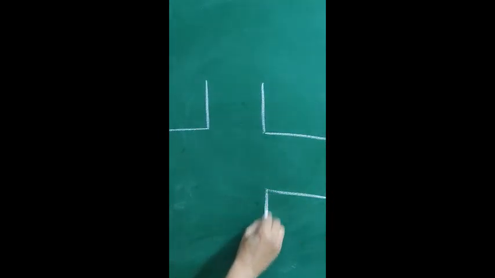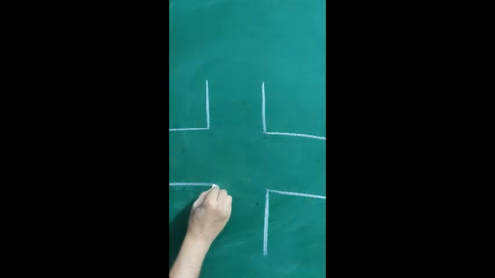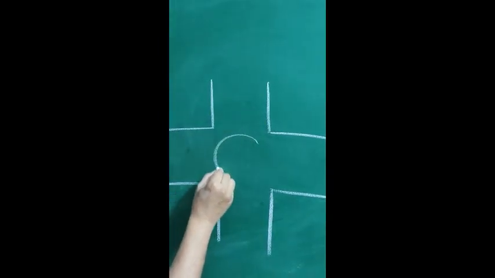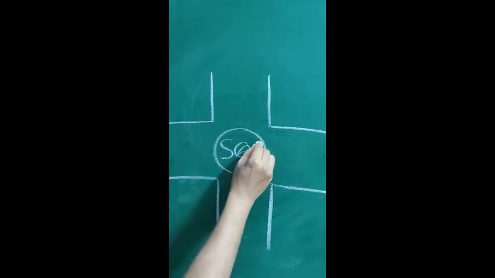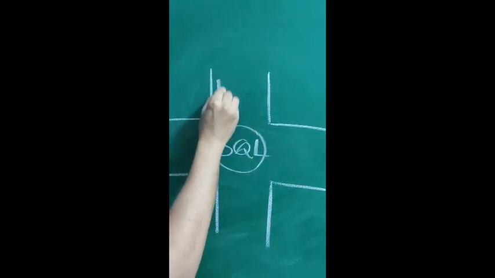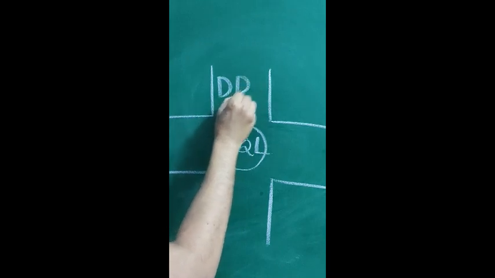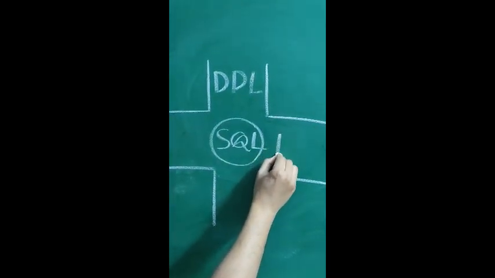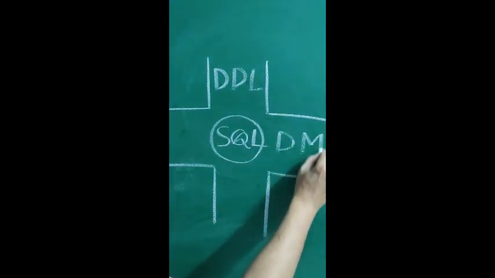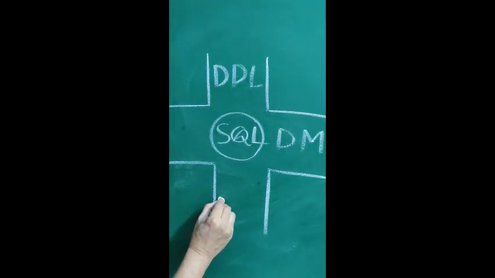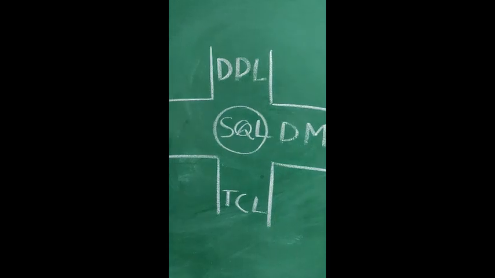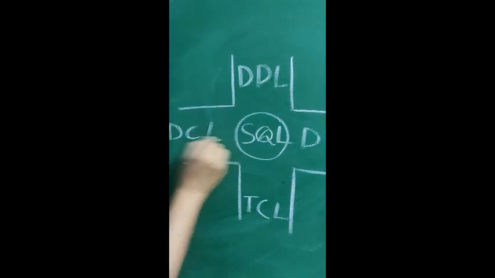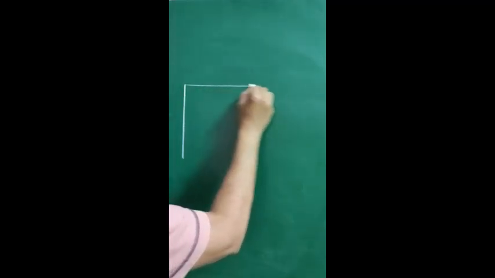So, on the basis of functionality, database languages are broadly of four types. These are Data Definition Language or DDL, Data Manipulation Language or DML, Transaction Control Language or TCL, and Data Control Language or DCL. Now we will study all these languages individually.